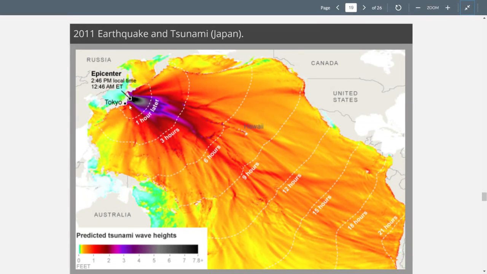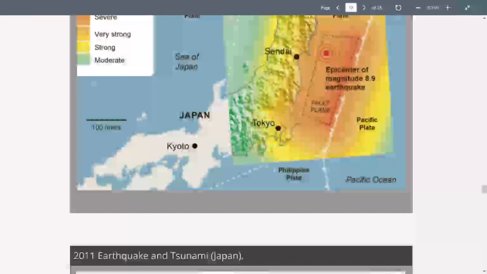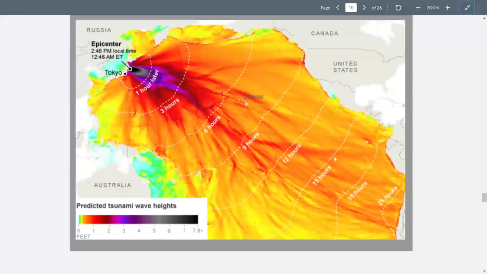As you can see, the epicenter of this earthquake was extremely near Japan, right off the coast of Japan. The reason for that, they have a plate boundary right off the coast of Japan.